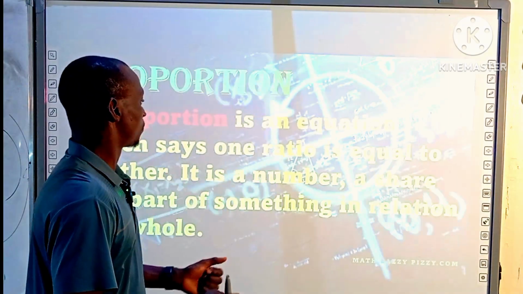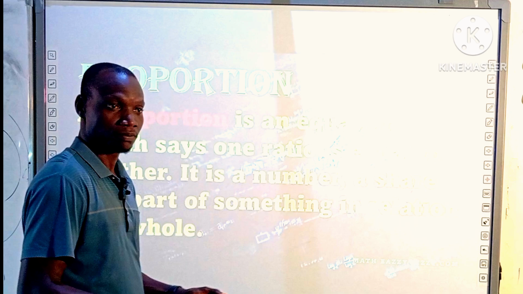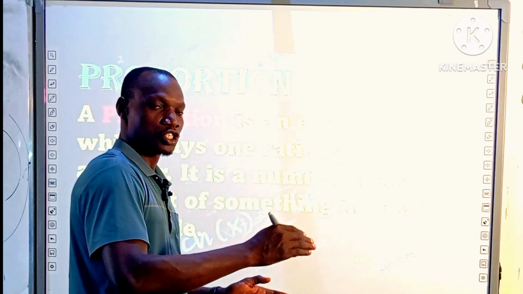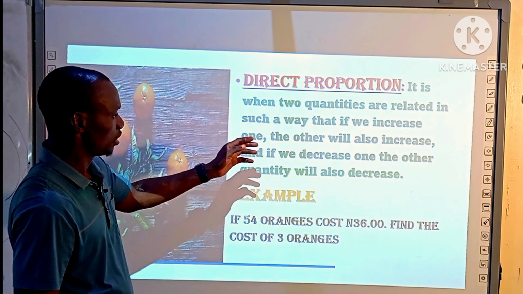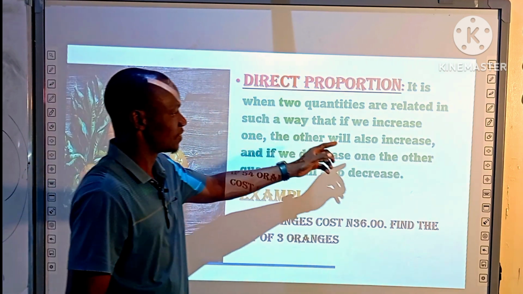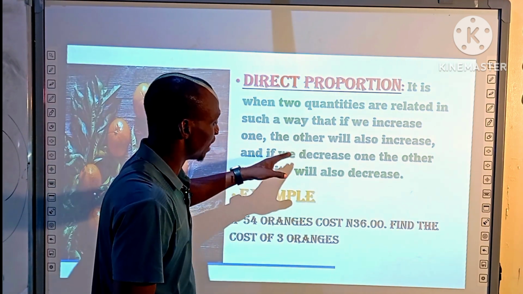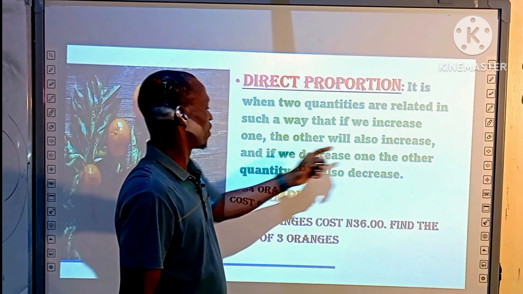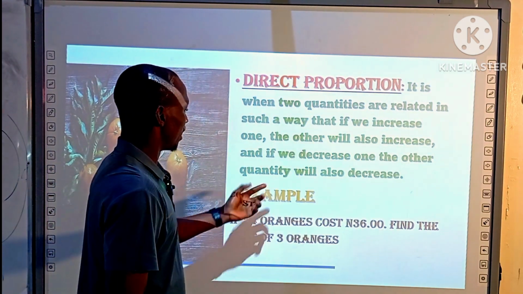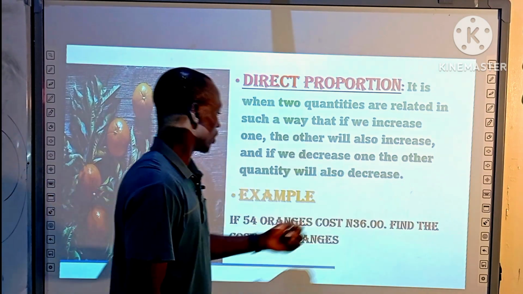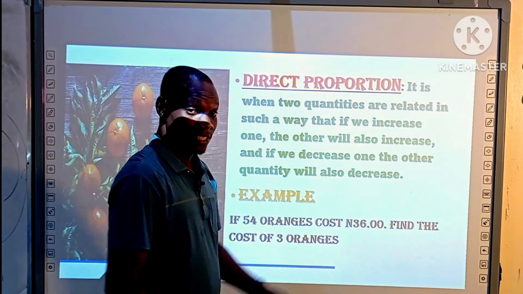Now, when expressing ratios as proportion, in direct proportion, let's go to the next slide. Direct proportion is when two quantities are related in such a way that if we increase one, the other will also increase. And if we decrease one, the other quantity will also decrease.